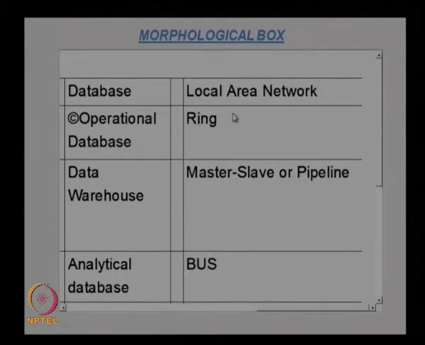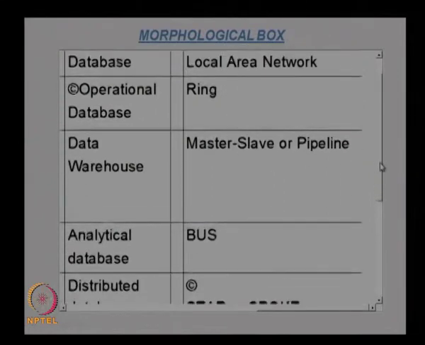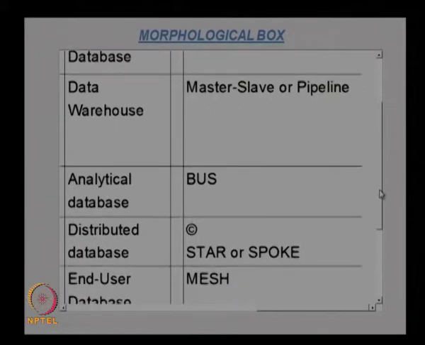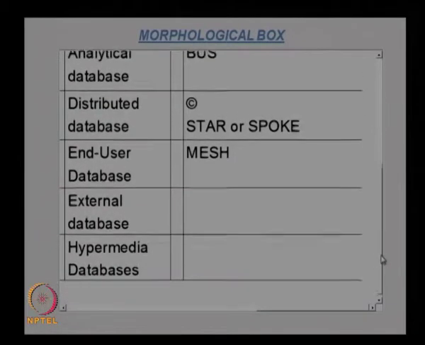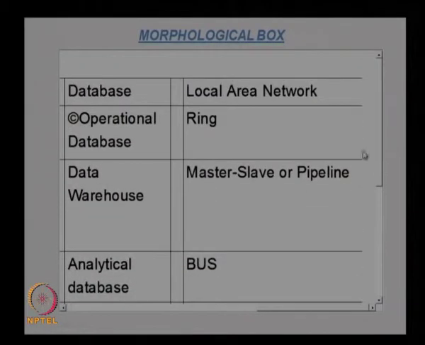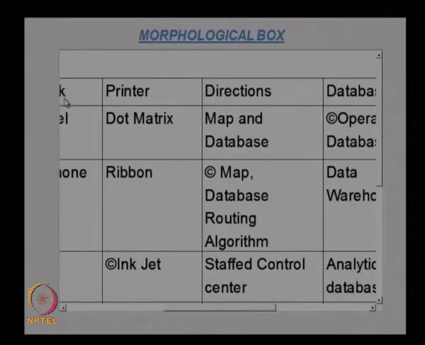We discussed the ring, master slave or bus architecture. So, we can choose any one of these architectures for the network. So, like this we have different options, and based on this morphological box you can choose components for input, output as well as directions and navigation, and that can be shown in the architecture. Then it becomes an instantiated physical architecture.